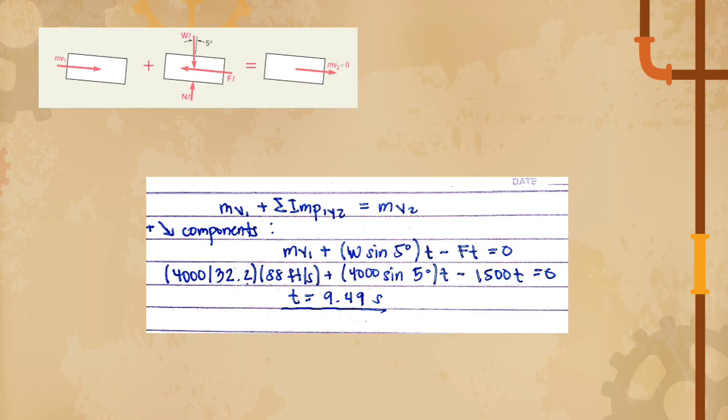For the positive downward components, m times v1 plus W sine 5 degrees times t minus F t is equal to 0. Plug in the corresponding values, and to get the value of t, we will simplify this equation. And our final answer is t is equal to 9.49 seconds.